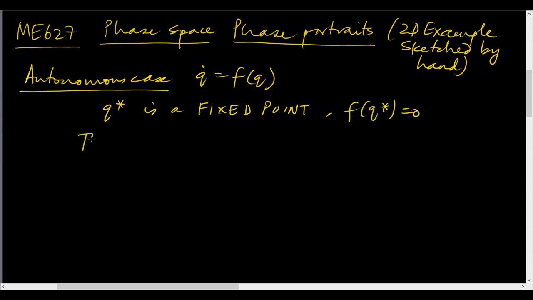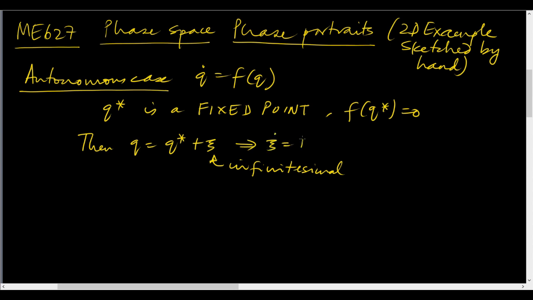Then q is equal to q star plus xi, this one being infinitesimal, leads to xi dot is equal to d f of q at q star times xi. So this is a matrix.